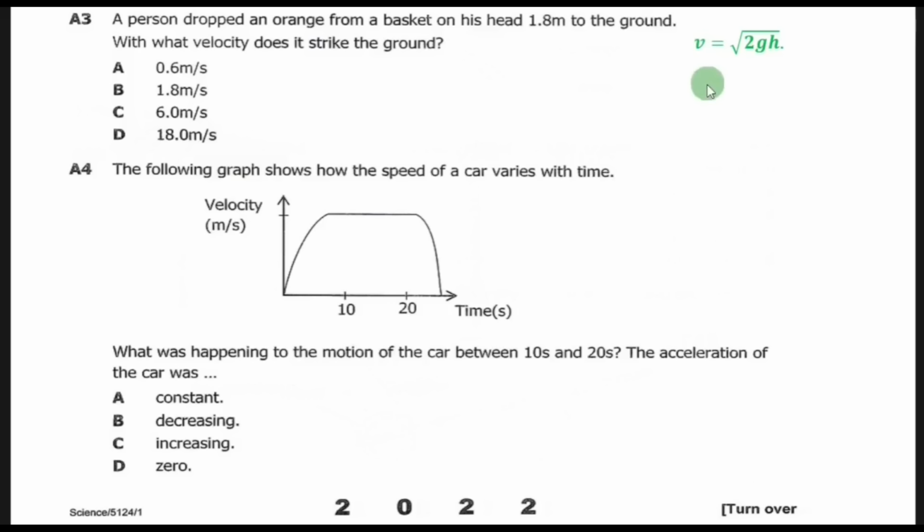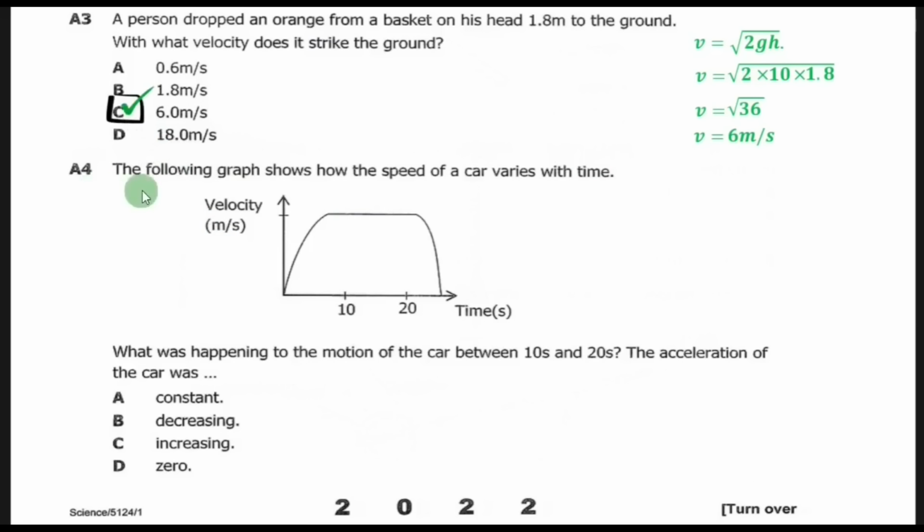So here you are going to say V equals square root of 2 times acceleration due to gravity, which must be known to be 10 always, times height, which is 1.8. So you multiply 2 times 10 times 1.8, you get 36, square root of 36, you get 6 meters per second as the velocity with which the orange strikes the ground. So our answer is C.